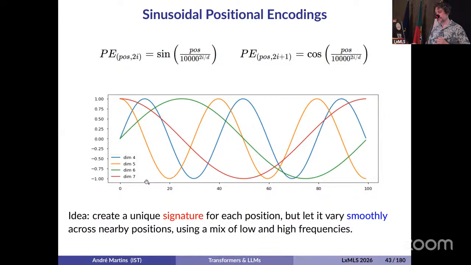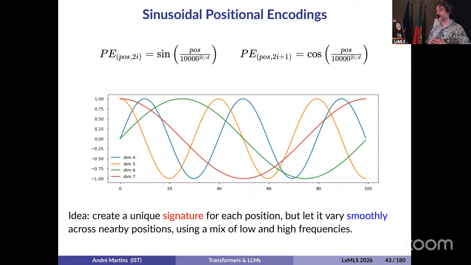And the x-axis is going to correspond to the position in the sequence, from 0 to 100. So if we slice this in a specific column, if you pick a specific position, there's going to be a specific signature for that position, right? So we are going to be able to produce positional encodings that are different for different positions.